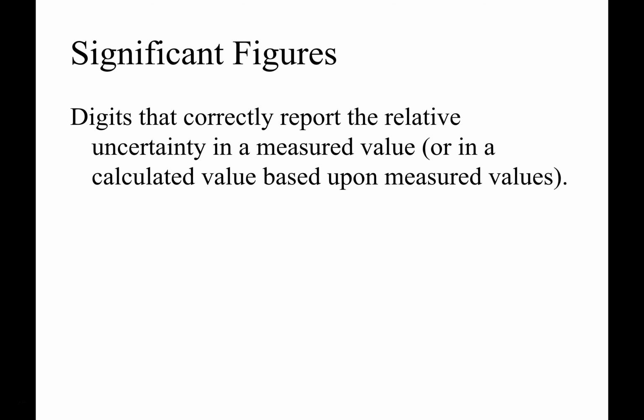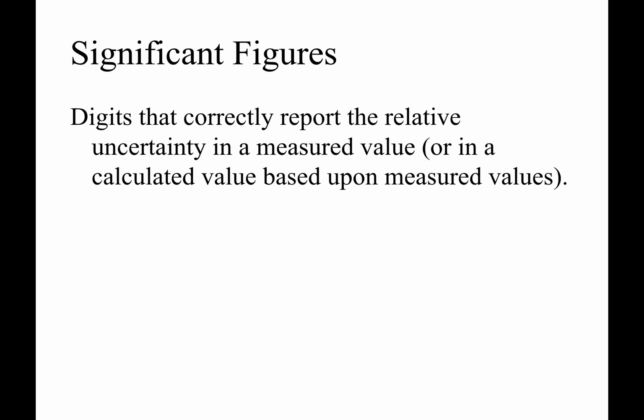So for instance, this ruler I have up here goes to the nearest, these major divisions are a centimeter, and the little tick marks are millimeters, which is a tenth of a centimeter.